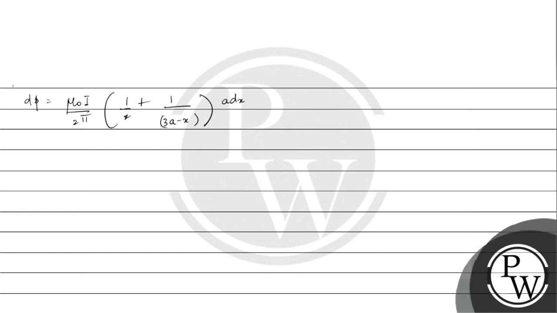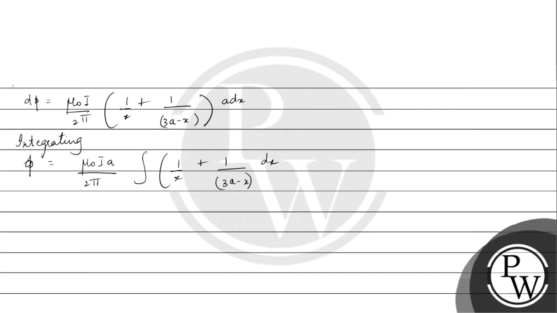So ये है ds which is the area. So integrating on both sides, we will get the flux through the entire loop. So phi is equal to mu naught I a by 2 pi integral of 1 by x plus 1 by 3a minus x dx. तो लिमिट्स डालना पड़ेगा.